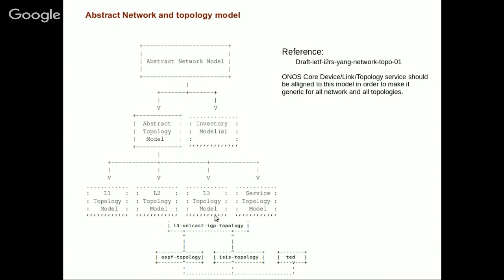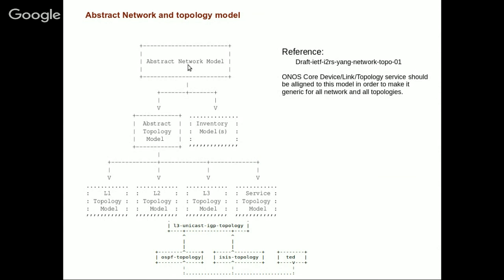For example, L3 information is augmented by OSPF topology or ISIS topology, or together with the traffic engineering information along with OSPF or ISIS. So all this can be abstracted using this overall abstracted topology mechanism. So the app has no need to know the specifics of the layer.